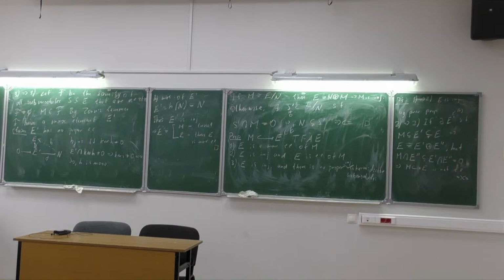А почему в этой категории нет произведения? Категория, конечно, конечных групп. Потому что если вы возьмете такое произведение, потенциально можно получить что-то бесконечное.